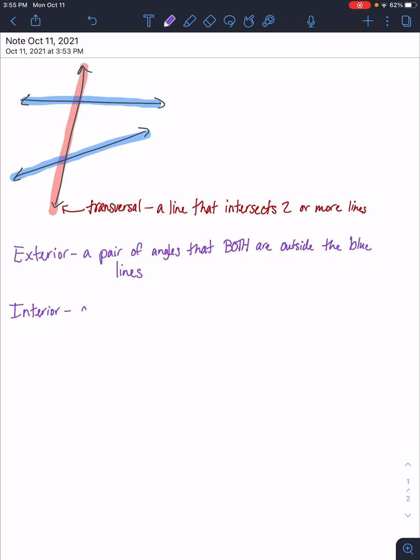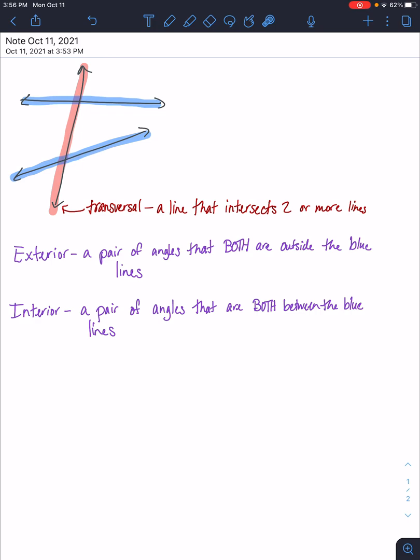Conversely, interior is a pair of angles that are both between the blue lines. So these blue lines aren't always highlighted blue. However, they aren't the transversal. They only cross one other line.